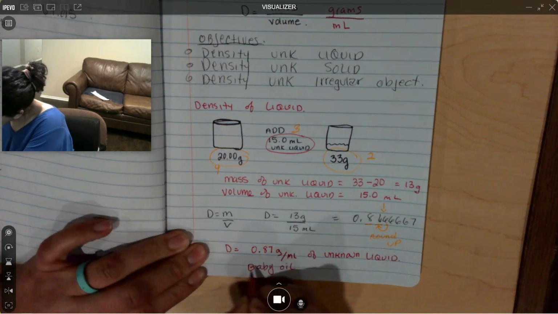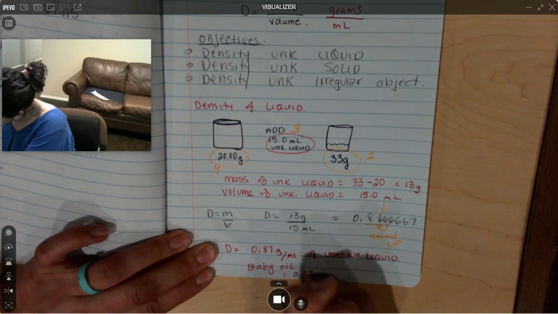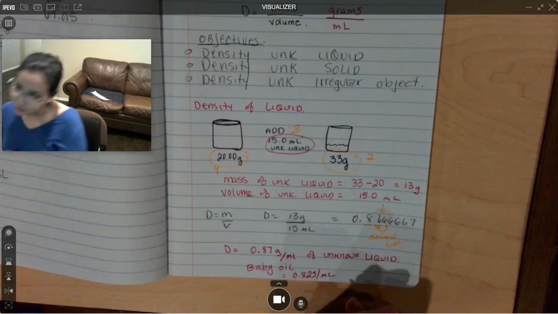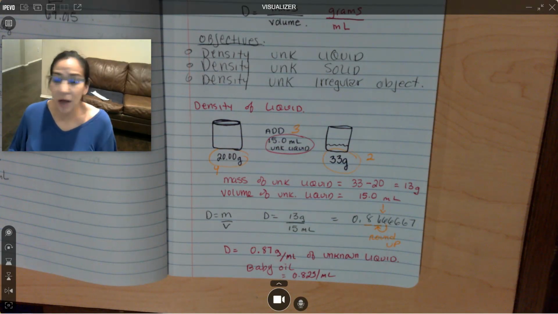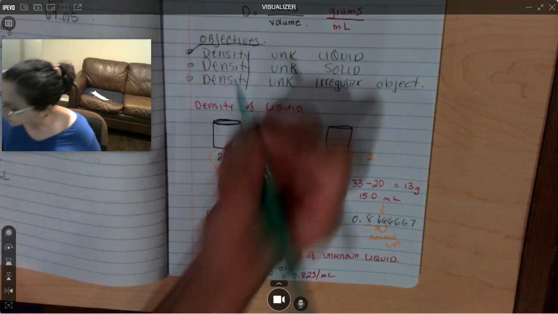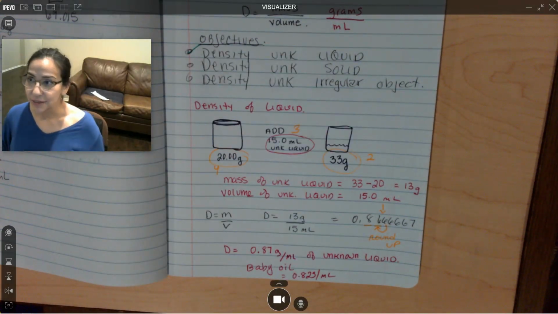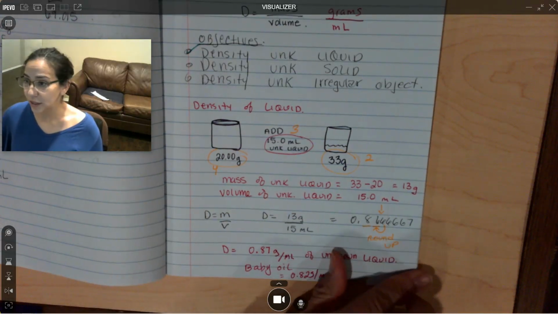It resembles baby oil, and baby oil has a density of 0.82 grams per milliliter. From that, you would calculate your percent error and figure out how far off you are. First one, check, done.